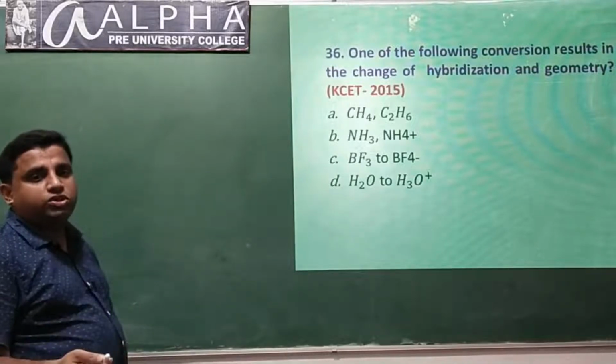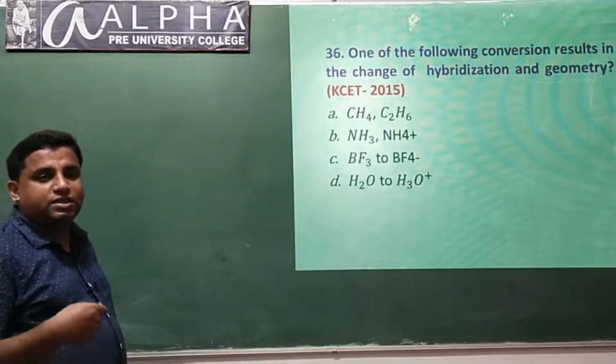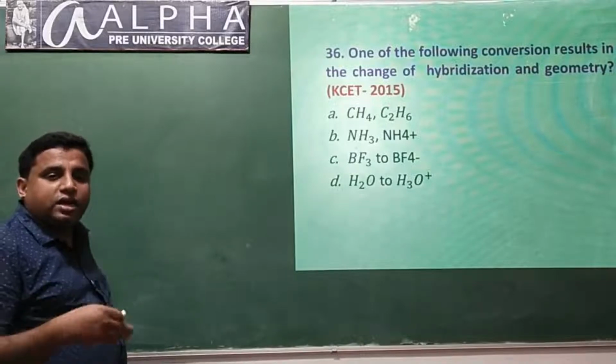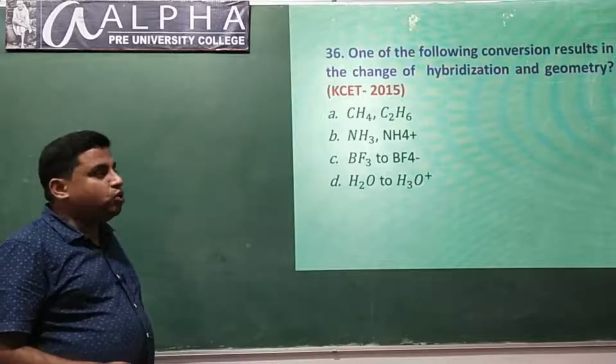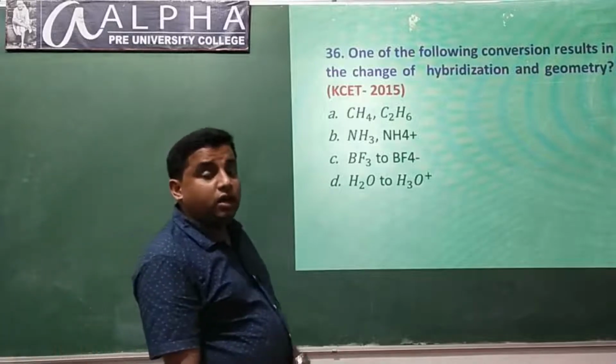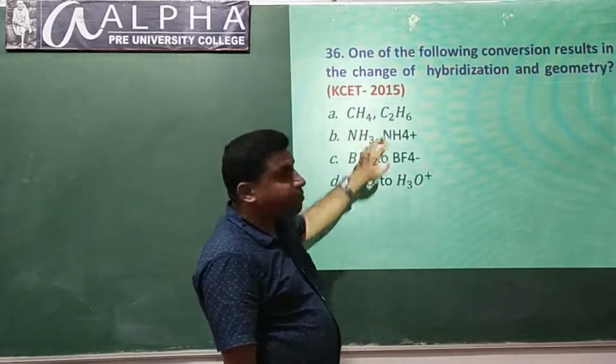For example, Wurtz reaction is the simplest reaction wherein I can convert methane to ethane, isn't it? So if I convert methane to ethane, what will be the hybridization of carbon here and carbon here?